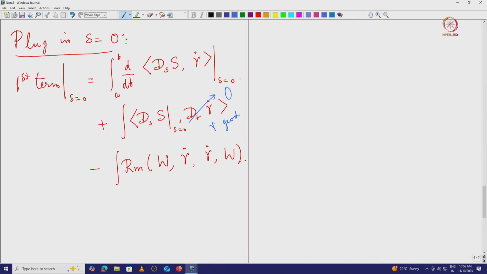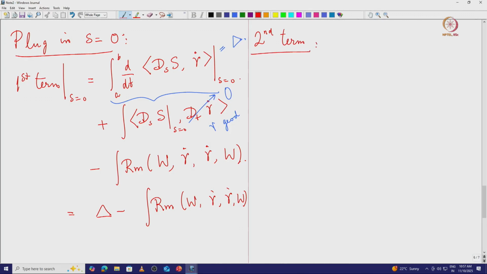And I will call the first term delta. So I am going to call this entire thing delta, okay. So this is going to be delta minus the curvature term. Similarly, if you take the second term, so the second term at s equals 0.